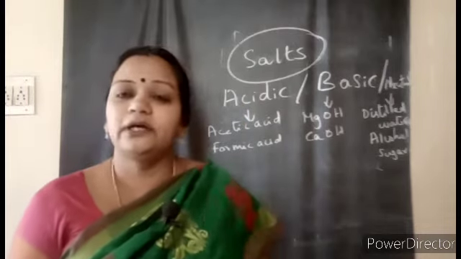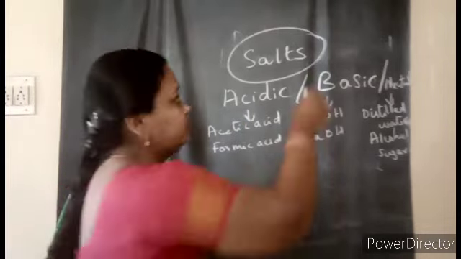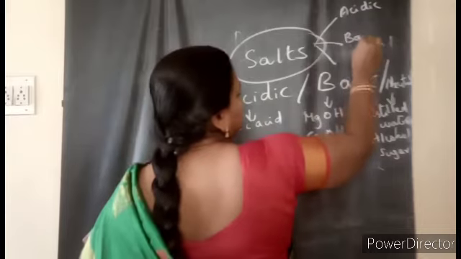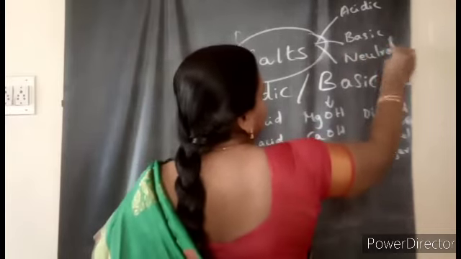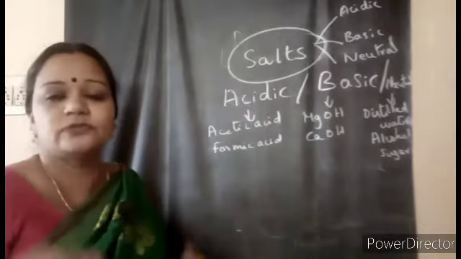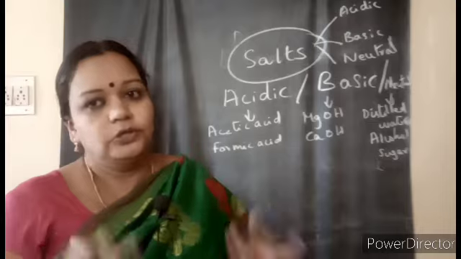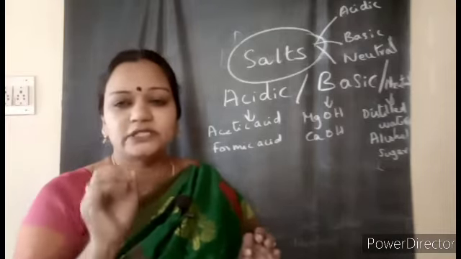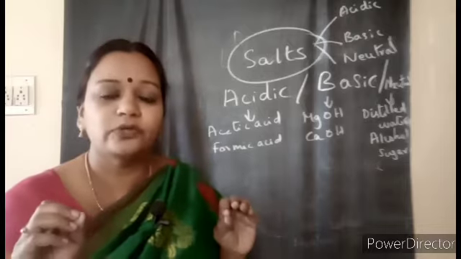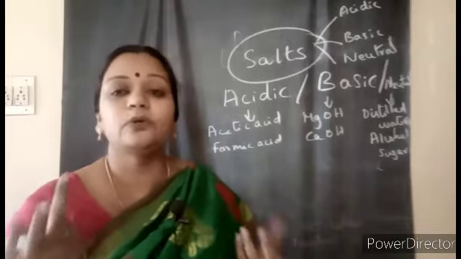You will be surprised to learn that there are three types of salts: acidic salts, basic salts, and neutral salts. Some salts are acidic in nature, some are basic, and some are neutral also. This is only for your understanding, so when we touched on taste, you should know about the salt taste. Salt can be acidic, can be basic, can also be neutral.